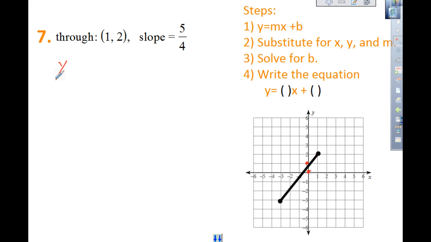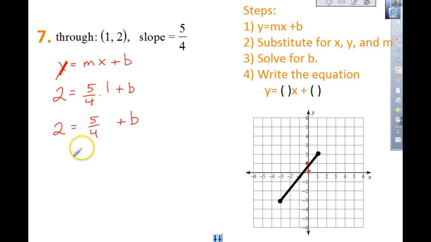Okay, so here we go. y equals mx plus b. 2 equals 5/4 times 1, which is just 5/4. Okay. So 5/4 plus what is 2?